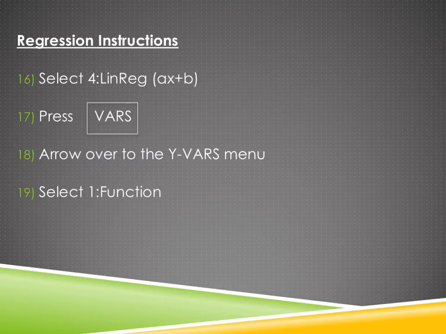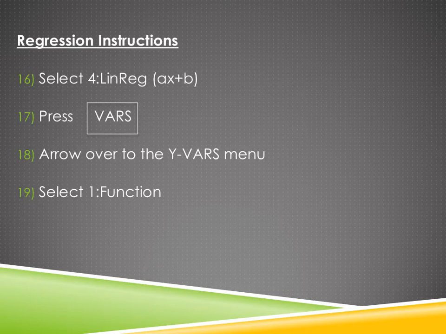Next screen, vars. It's the vars key. It's underneath the keypad up and down arrows. I want a y variable, so I go over to y vars. I'm working with functions. We always will be working with functions in this class. So we press enter on number 1, and we're going to select y1.